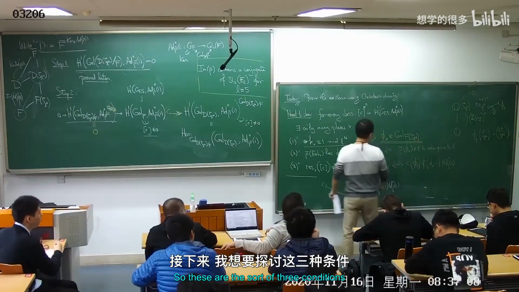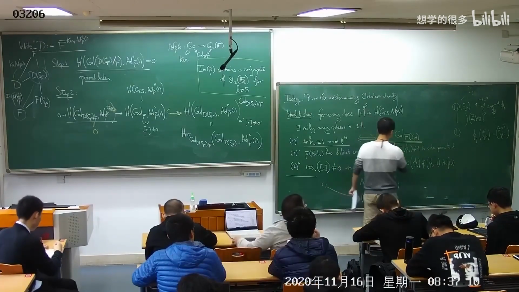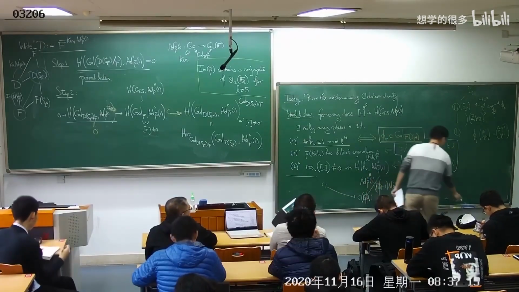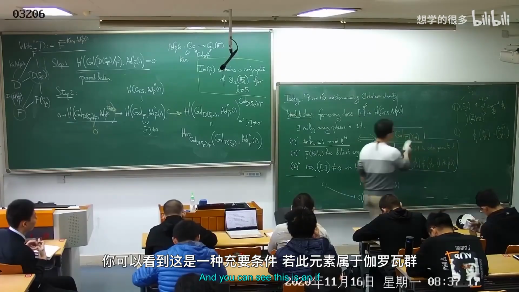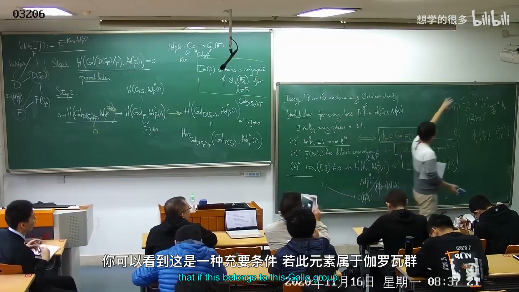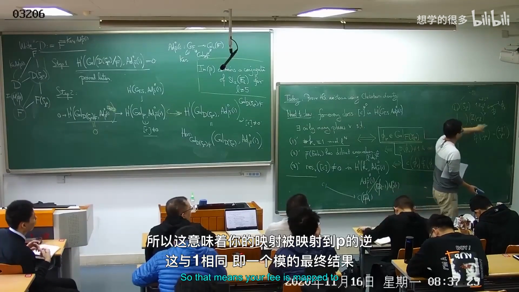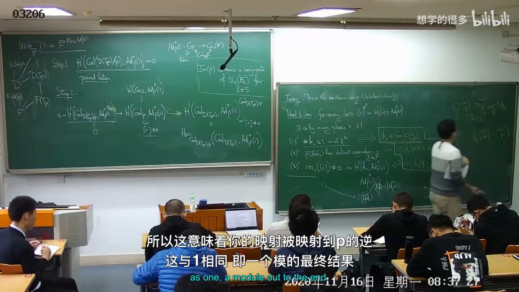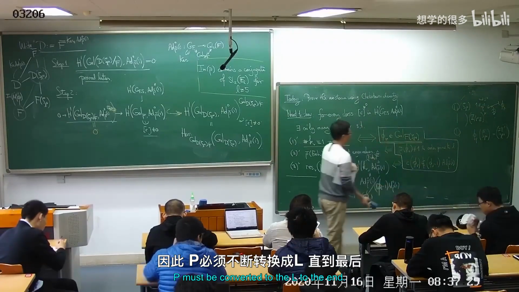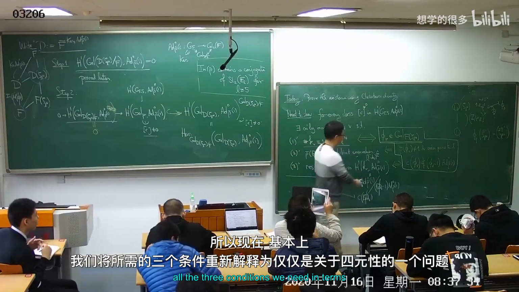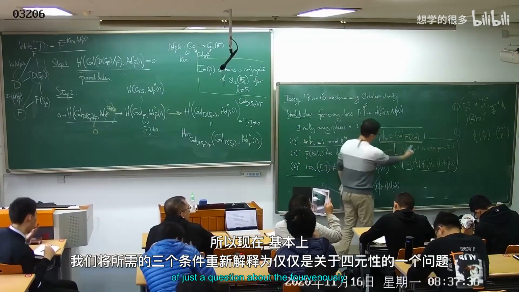So these are the three conditions I want to look at. And you can see this is an if and only if relation, in the sense that if this belongs to this Galois group, then the image in here is trivial. So phi p is mapped to P inverse, which is the same as 1 modulo L to the N, and therefore P must be congruent to 1 modulo L to the N. So now we reinterpret all three conditions we need in terms of just a question about the Frobenius v.